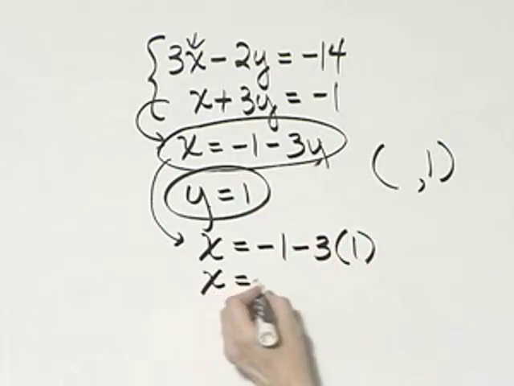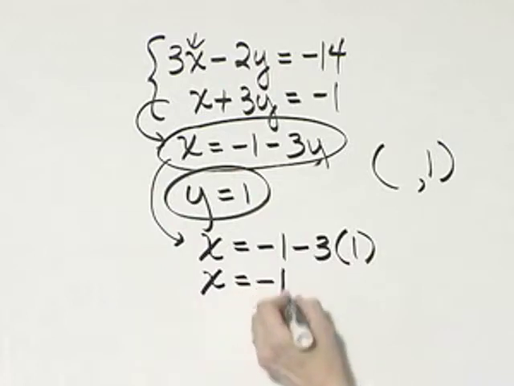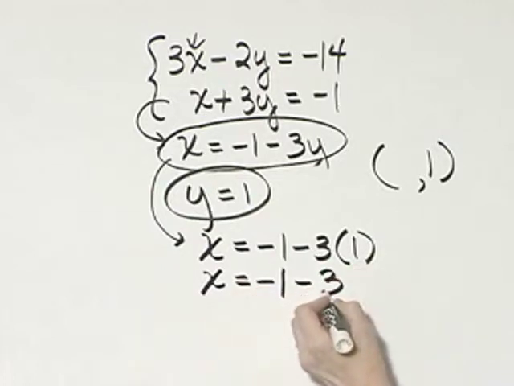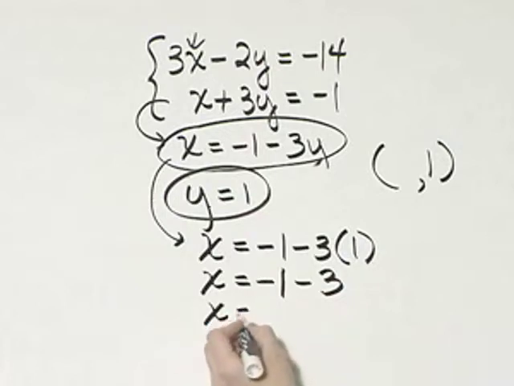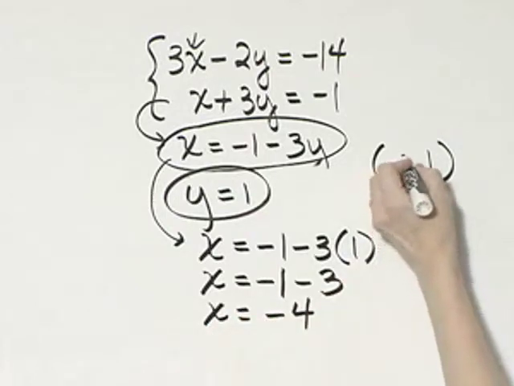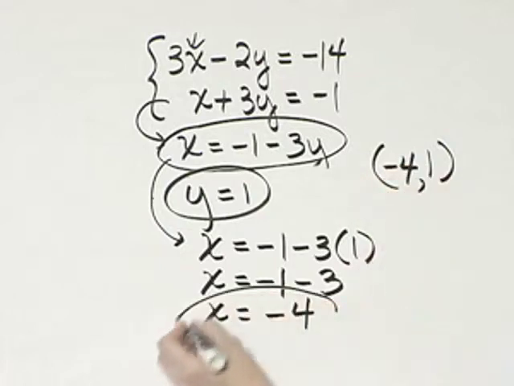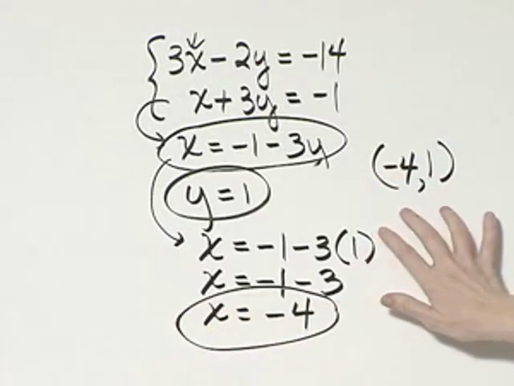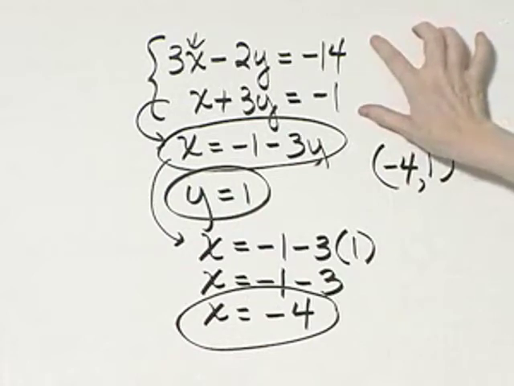Or I'll have x is equal to -1 minus 3 times 1, which is 3, or I'll have x is equal to -4. When y is 1, x is -4, and now I have my ordered pair solution of my system.